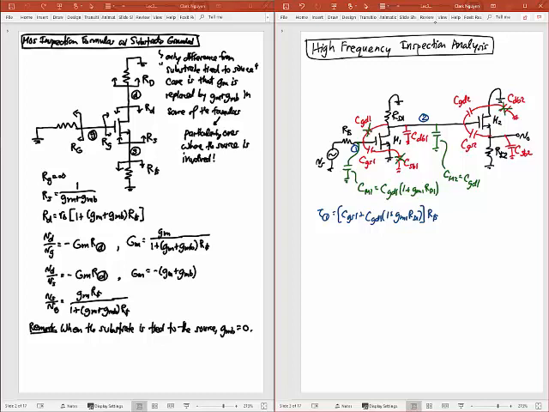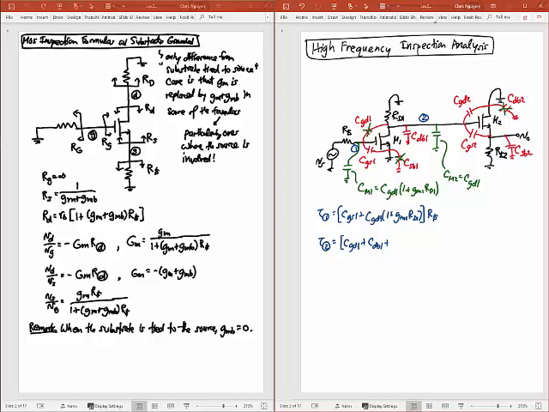And so I can move on to my second node. So the time constant at node 2, that's going to be all the capacitance there, which I can see is CGD1 from the Miller effect, plus CDB1, plus the capacitance I see looking towards M2, which is not going to be CGS2, because notice CGS2 is in that feedback position. So I don't really want to include that as shunt capacitance. It's not in shunt.